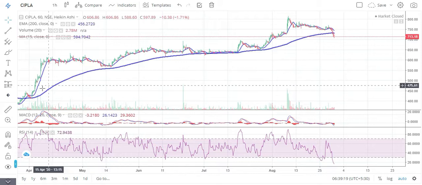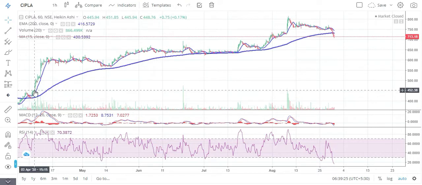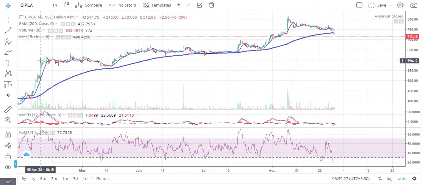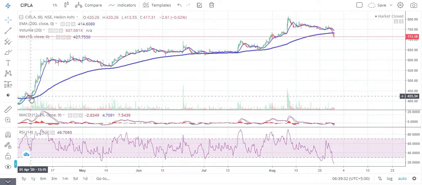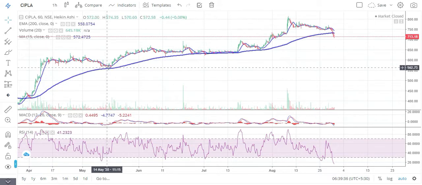You see Cipla, all the way from April 3rd 2020, has been above average. Above average could also mean it's reached its all-time high, or it could be just above average. This is how we decide whether the price is cheap, or right near the average where I could buy and try aiming for the all-time high.